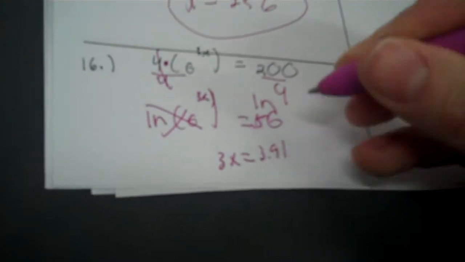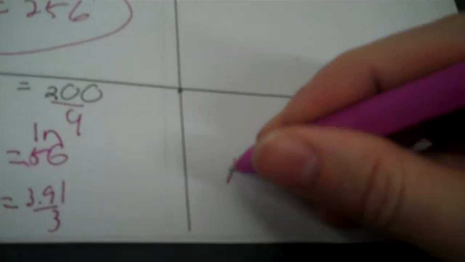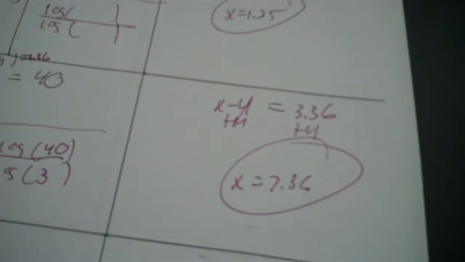Now I go ln 50 on a calculator, 3.91. Then I divide by 3. And I get 1.30. So x equals 1.30. Make sure you're taking good notes on this because you can use your notes on the test.